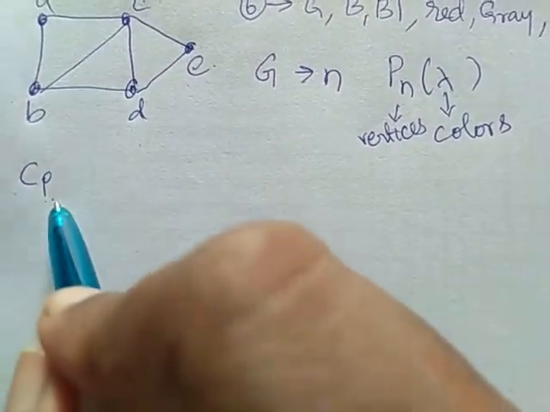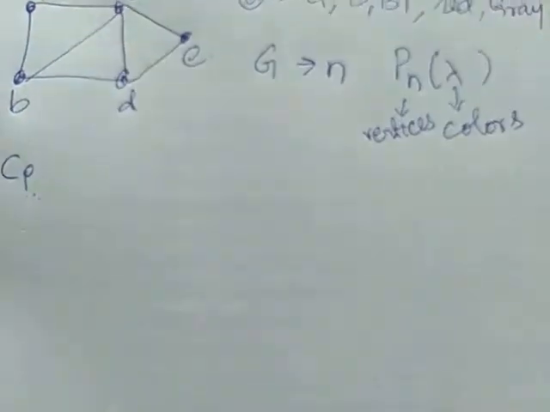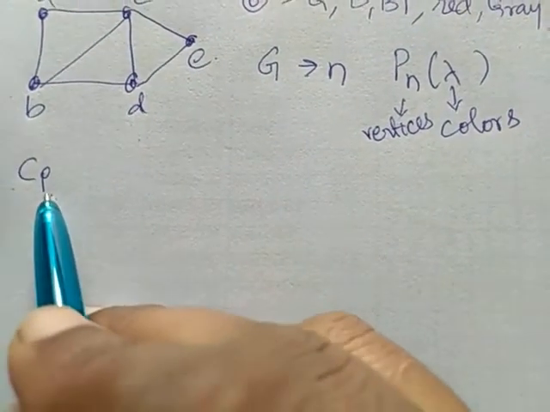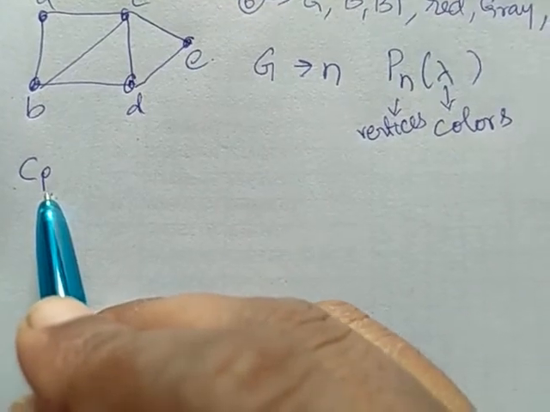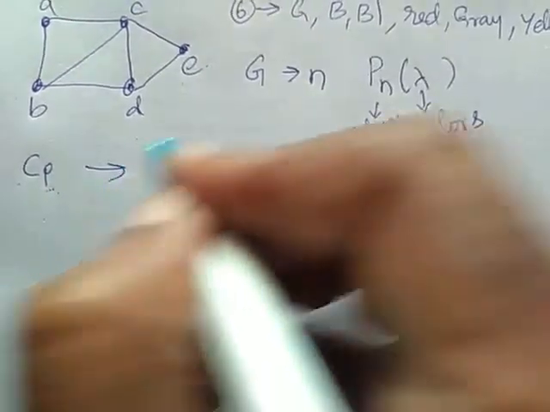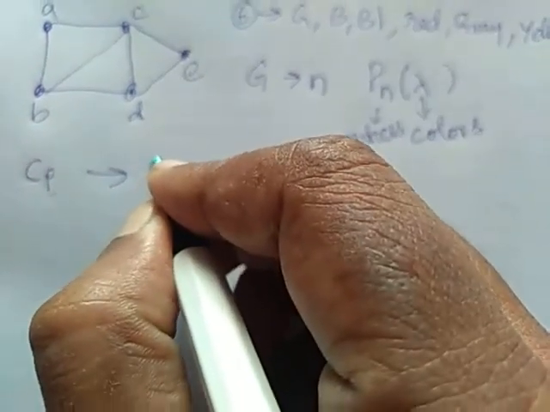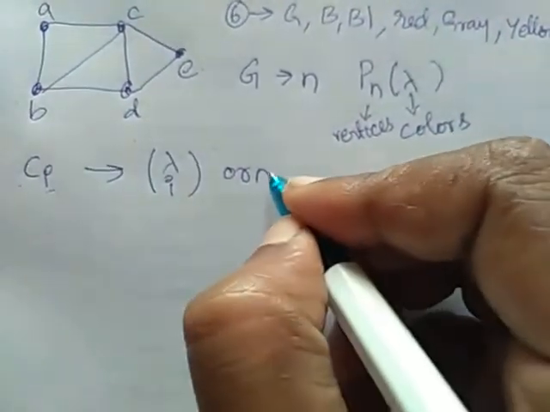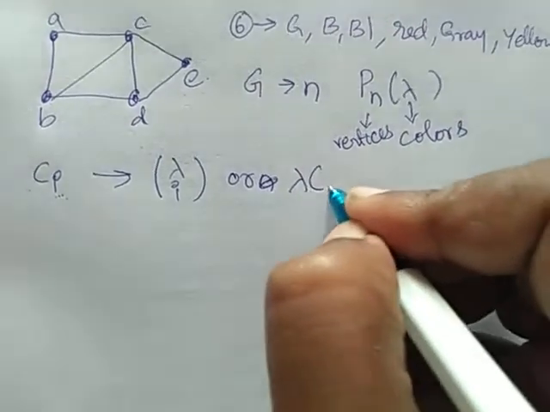And Ci gives the different ways of properly coloring the graph using exactly i number of colors. And it is denoted by lambda i or lambda Ci.